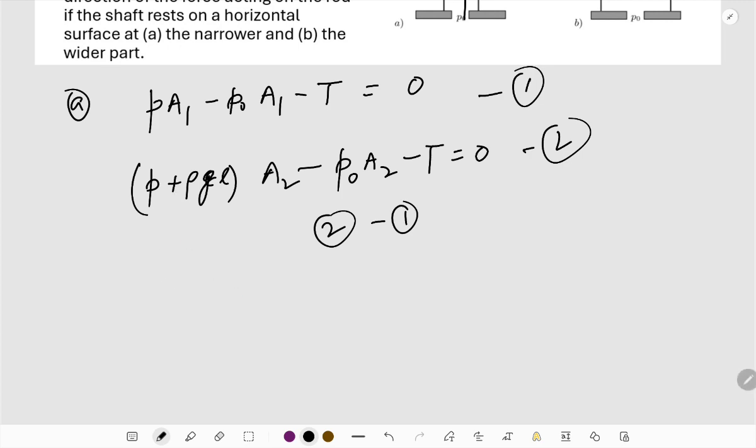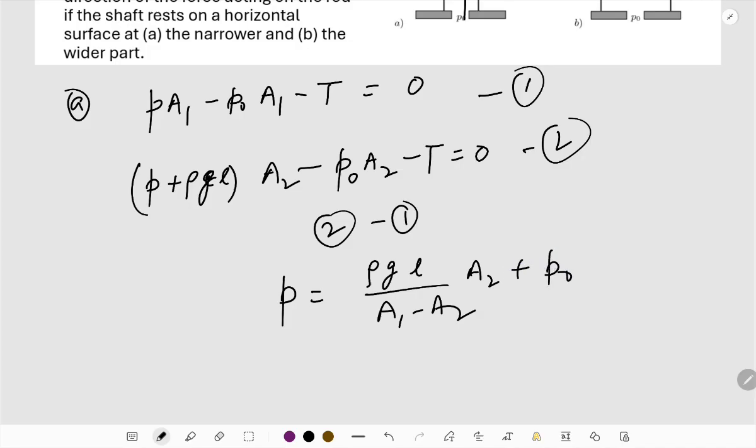We will have P times A1 minus A2, and I would simply like to write the value of P, and I will get something like rho GL by A1 minus A2 multiplied by A2 plus P naught.